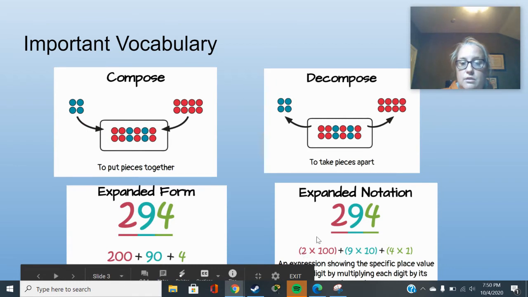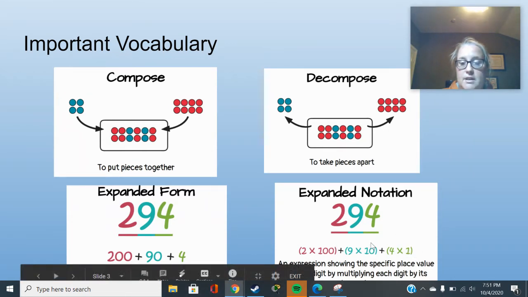It says 2, because that was what was in my place value chart for the hundreds place, times 100. And it's in its own parentheses because it's its own part. And then I'm going to say plus 9, because I have a 9 in the tens place, times 10, because it is in the tens place, plus 4 times 1, because it is in the ones place.